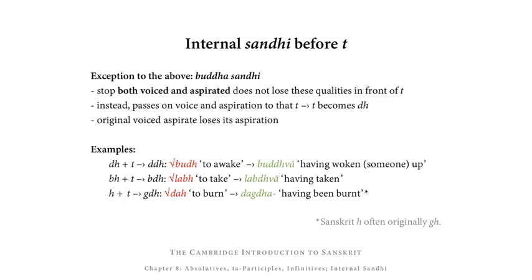Then the original gh loses its aspiration, so it becomes just a g. And as a result of that, something that on the surface looks like an H plus T, underlyingly it's G plus T, then together develops into gdh. So for example, of dah, to burn, we then have a ta participle dagdha, having been burnt, or an absolutive dagdhwa, meaning having burnt.